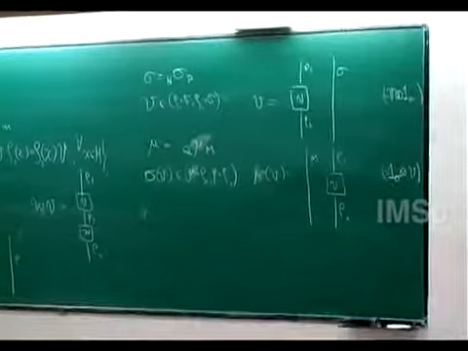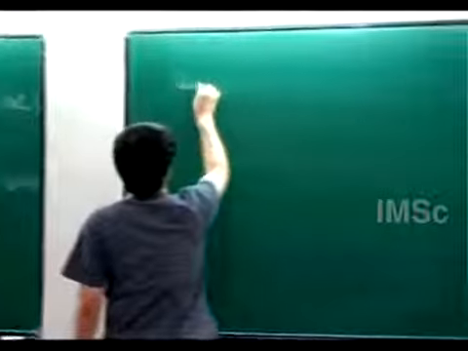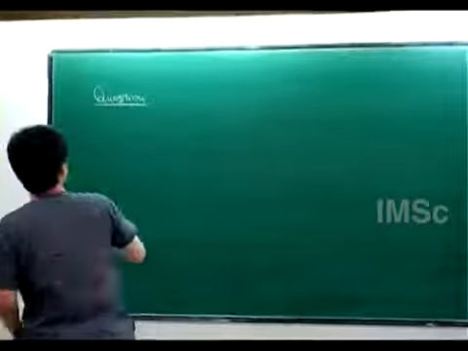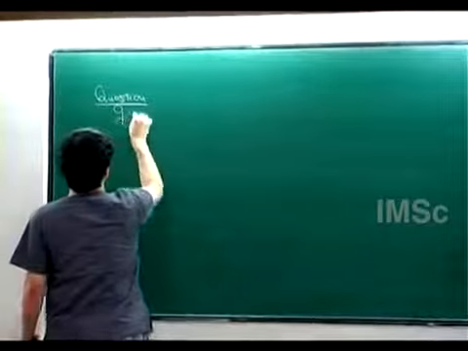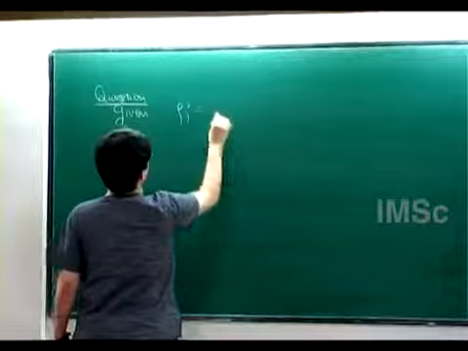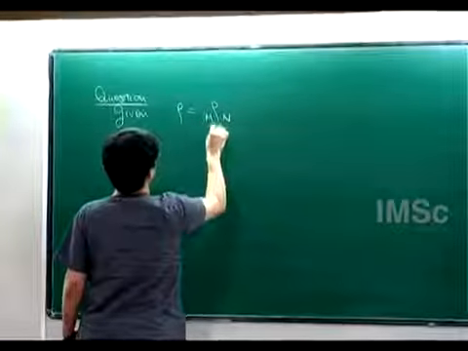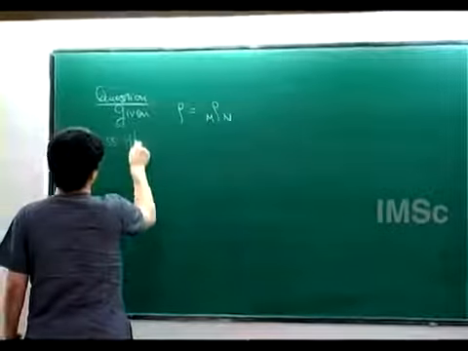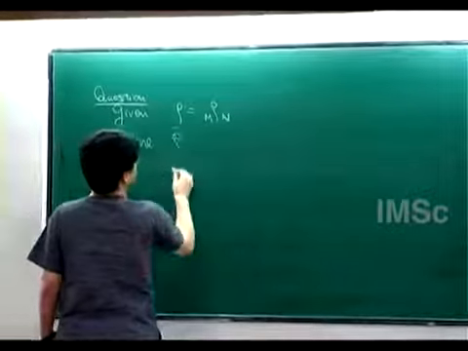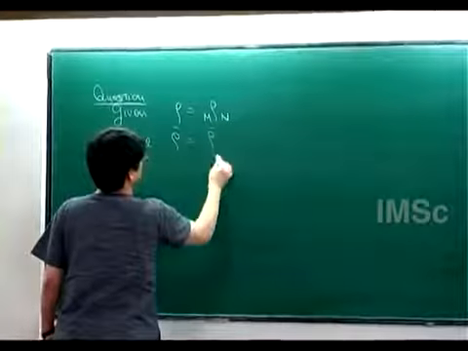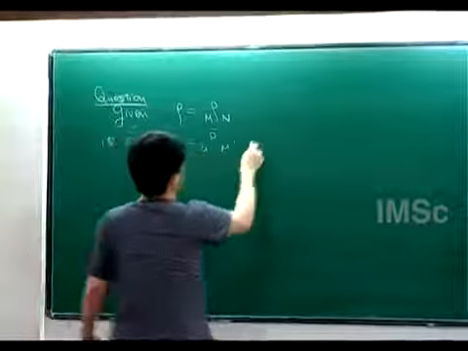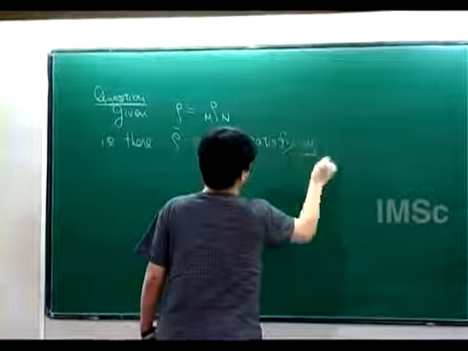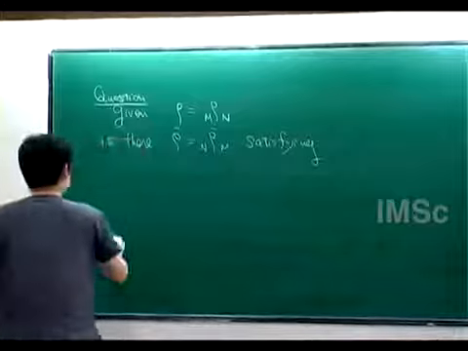So the natural question is the following. Given rho, which is a homomorphism from M to M, is there rho bar, which is from M to N, satisfying this relation?